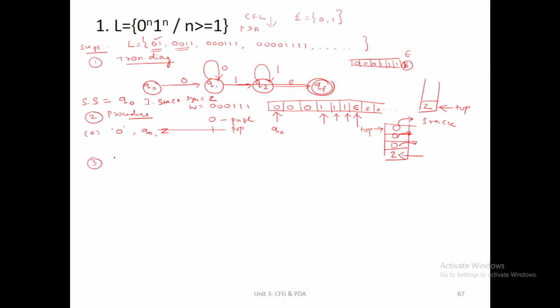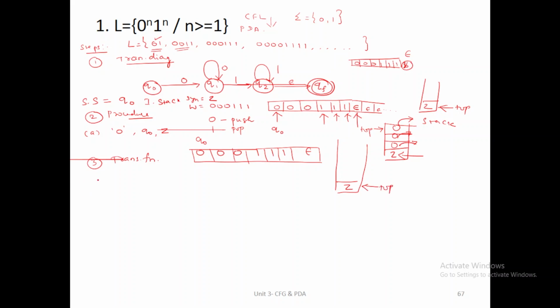Then, the third step is an important step, that is the transition function. So here, I once again write the same notation. Initially Q0, and now the stack contains Z as the topmost value.